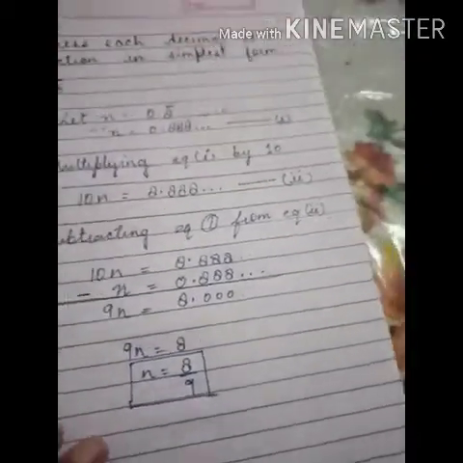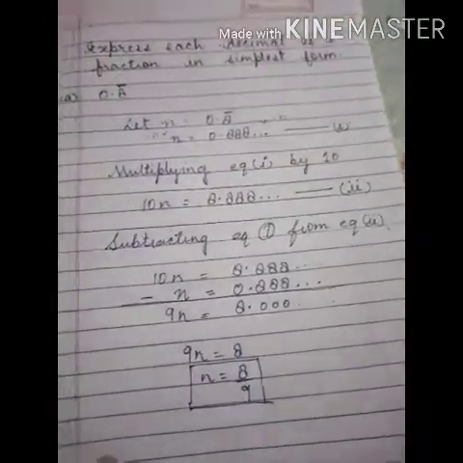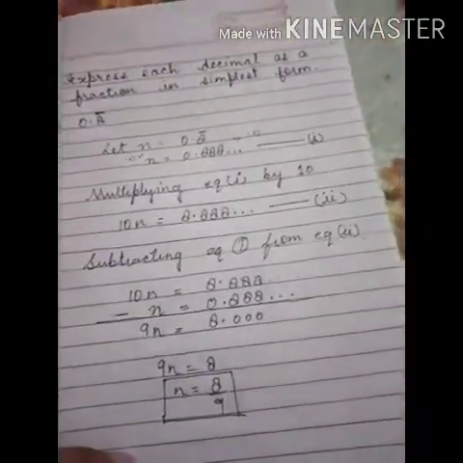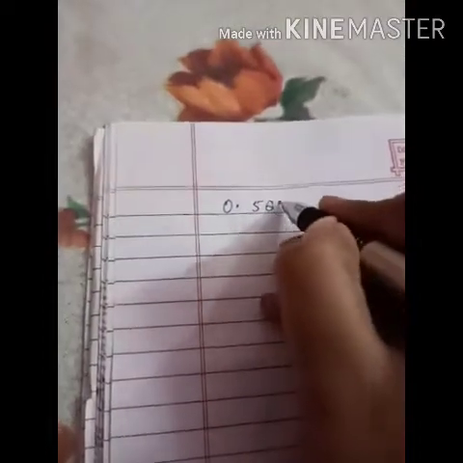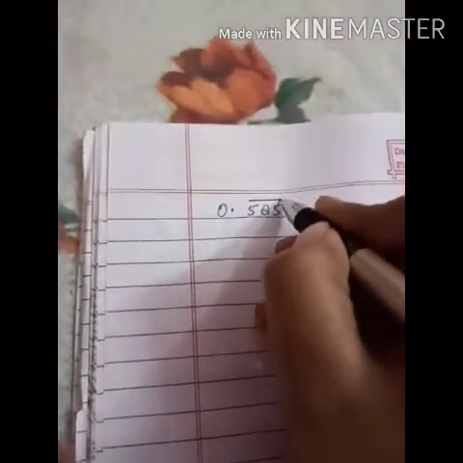Understood? Now let's take another example. 0.585 with a bar over 585.